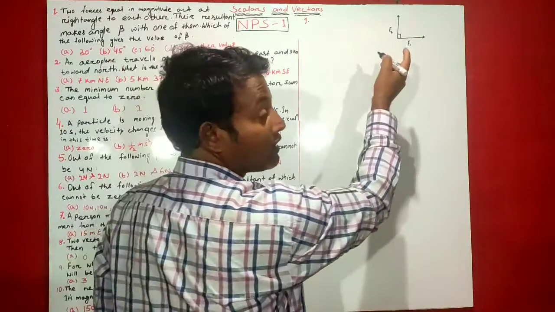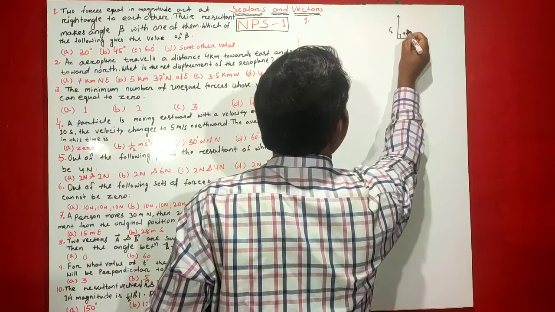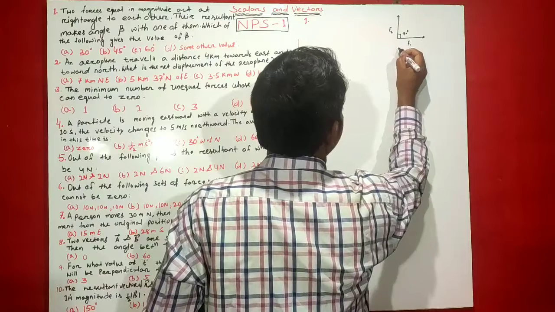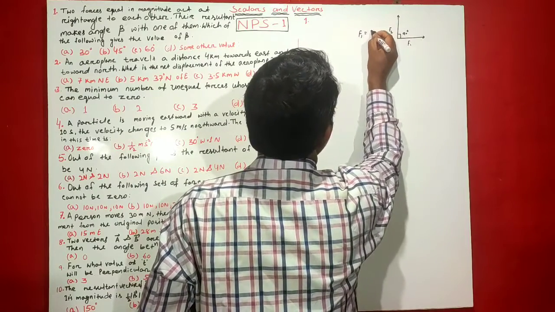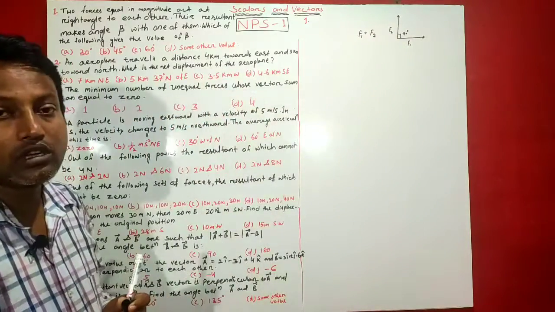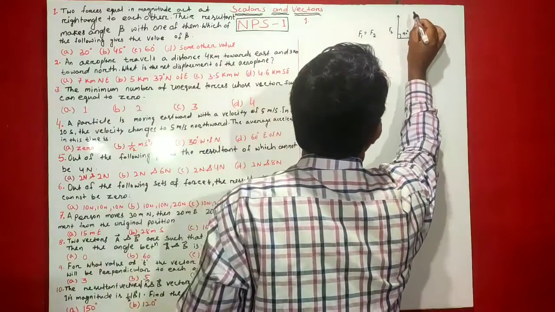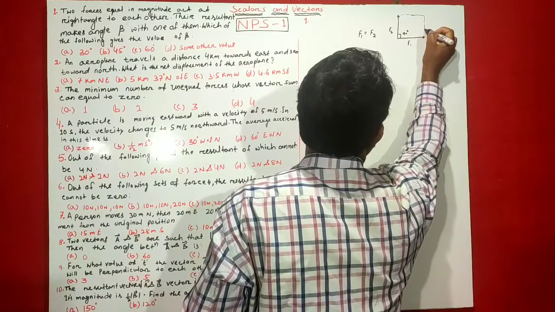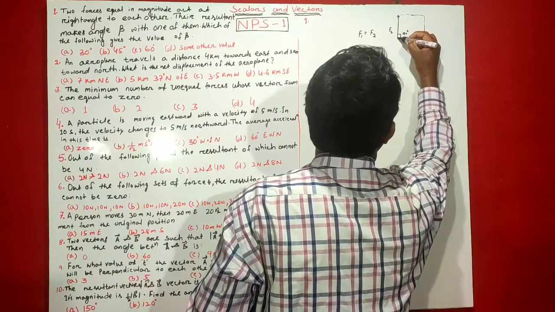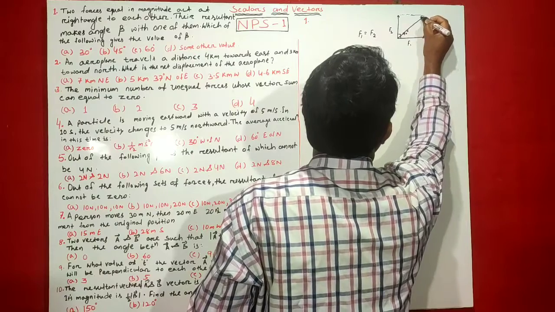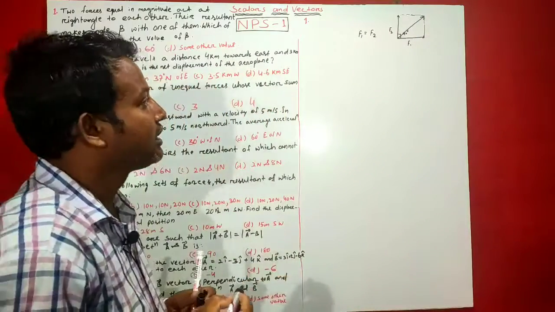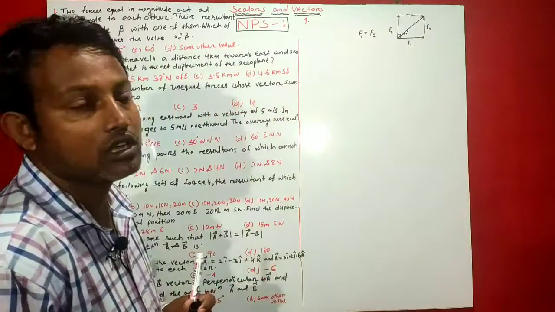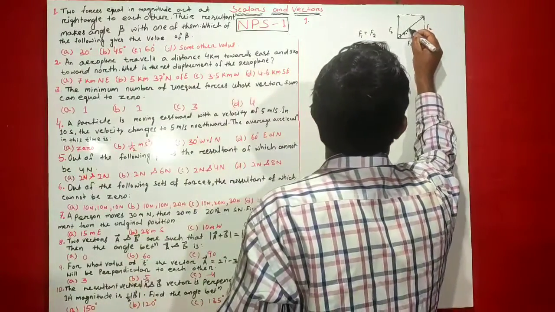That means they make an angle of 90 degrees with each other, and F1 is equal to F2. Putting the parallelogram law of vector addition, this will be their resultant. This is F2. So this angle is beta.